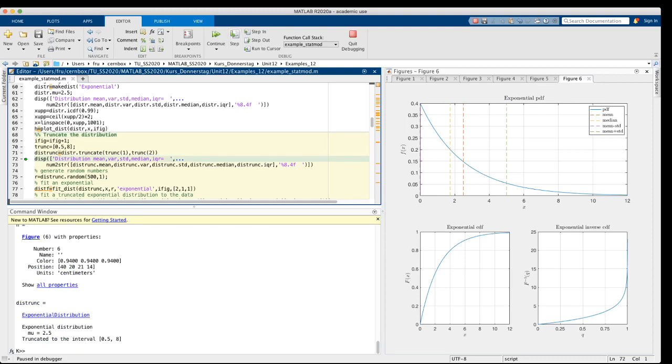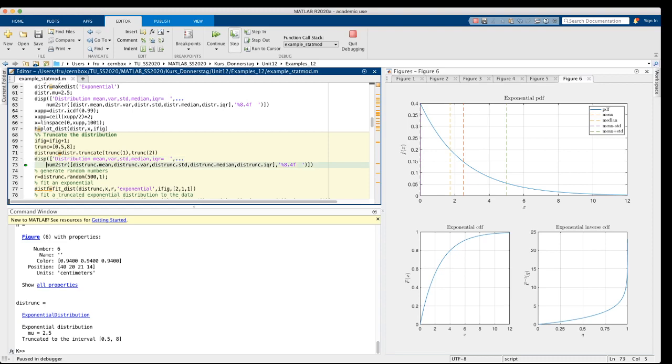This distribution has, of course, now different mean and different variance and different median than the untruncated distribution, but it is automatically renormalized to have a mass of 1.